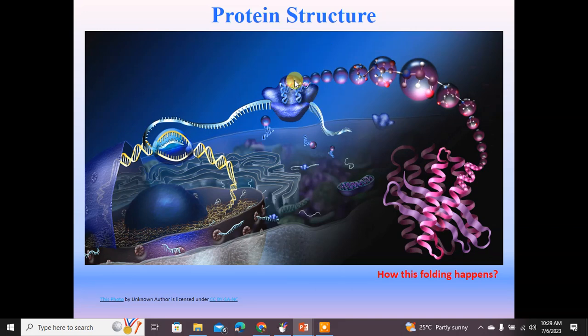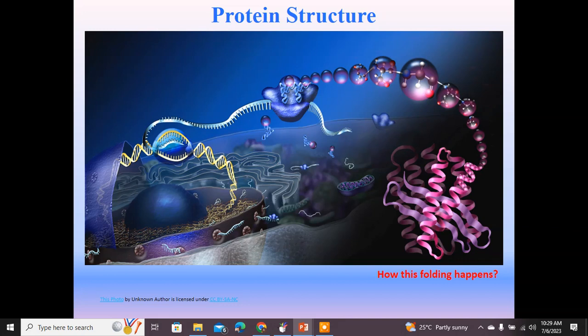It's simply a linear stretch of amino acids connected by peptide bonds, and these sequences are further folded into a unique structure, and that unique structure contains three elements, which we call secondary structure elements.